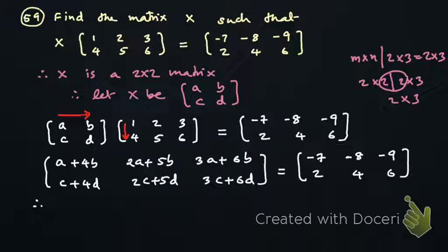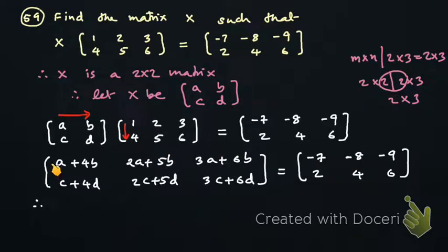What do we do this time? This time I don't get a set of values like how I got in the previous question. I need to make simultaneous equations. I have A11, which is A plus 4B equal to -7, which has got two unknowns in it. That means I need to pick up one more equation in A and B. So I'll take 2A plus 5B, A12, equal to -8.